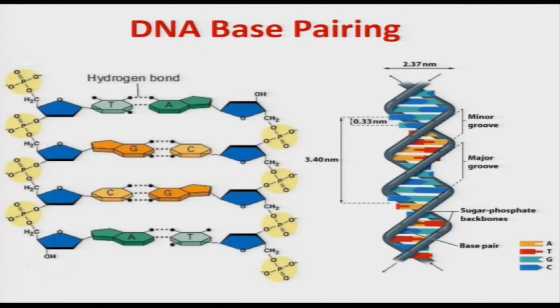Now, you all know this DNA base pairing, and you see that this is thymine, adenine, guanine, and cytosine. This kind of base pairing is there, and this is a double helix structure as shown over here. You see all the details, and the distances are also given in this particular slide for your information.